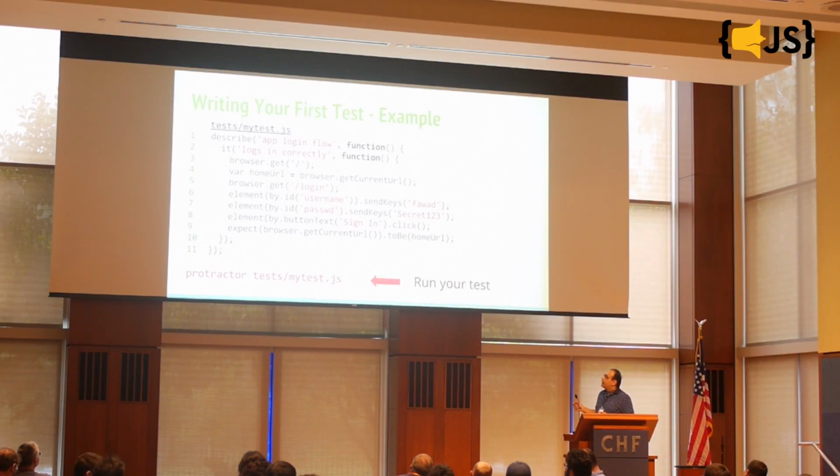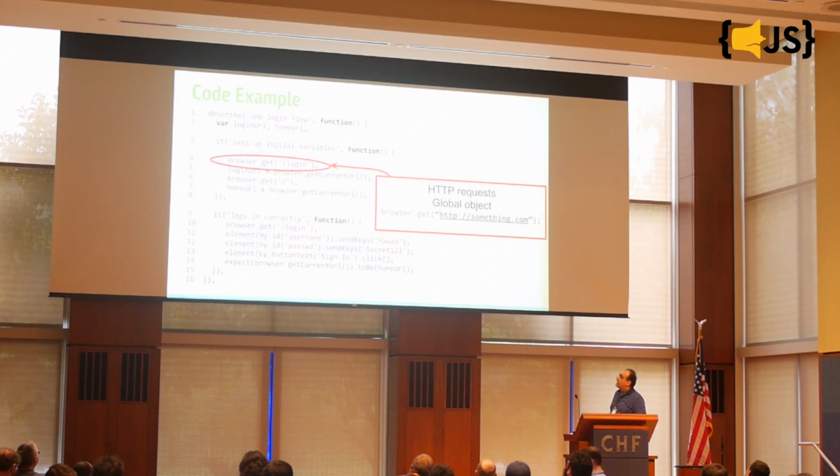So we save this in a file called mytest.js, and then use the Protractor command line from the terminal window to run the test. Here is the same example with some enhancements. Let's say we have a few variables which have to be shared across multiple tests.